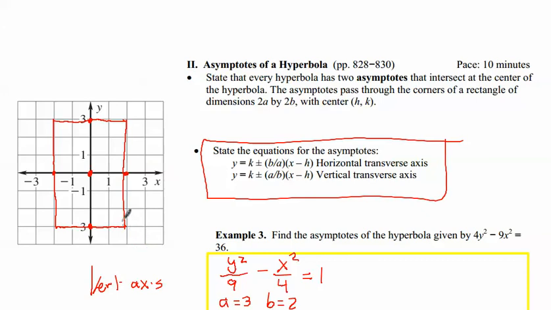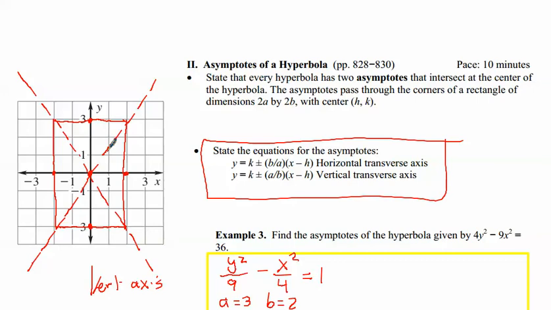So now you draw the asymptotes. You start at this corner and go with a constant slope out and up, and the same in the other direction. This one is going to have a slope of 3/2, so 3 in the y direction over 2 in the x direction.